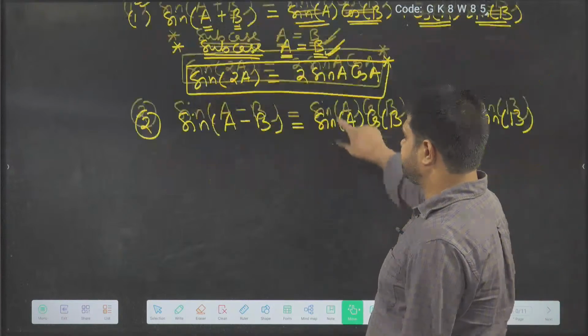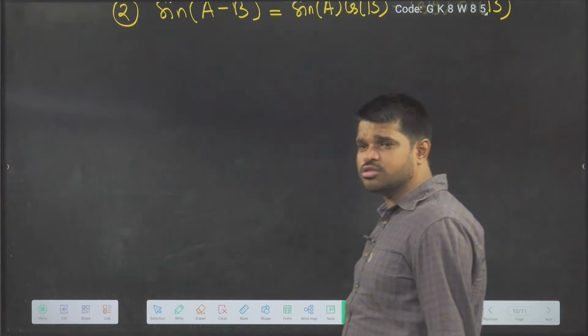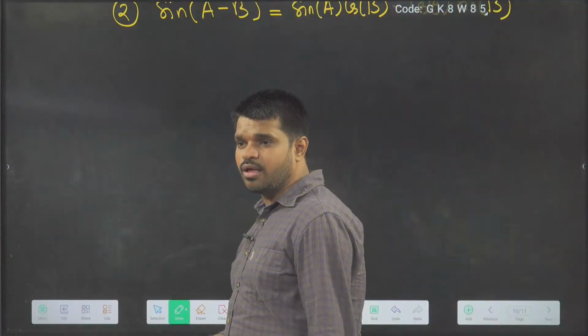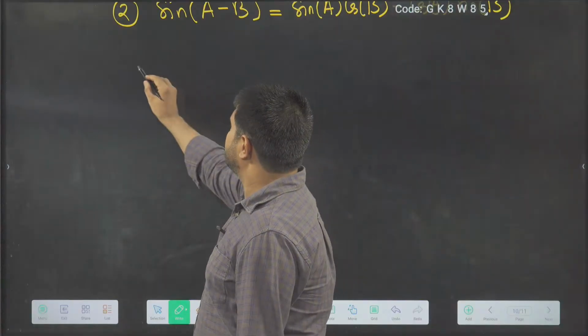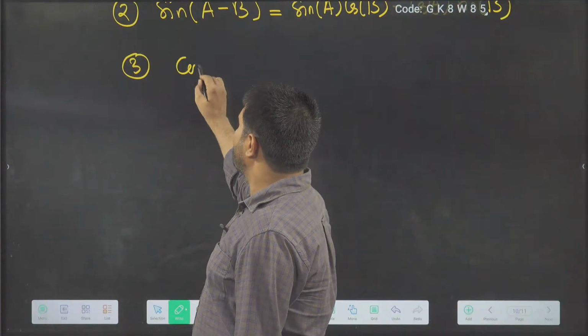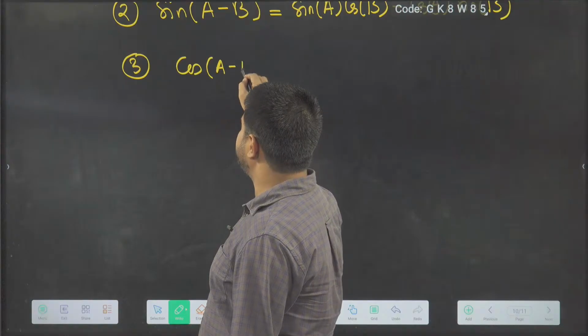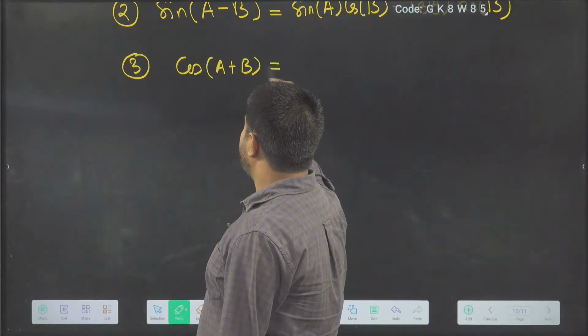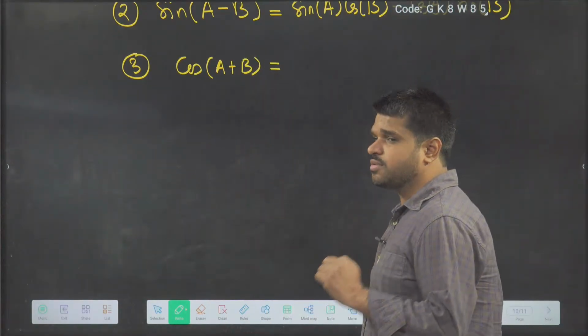Okay. Now we'll do the formula of cos. Which formula? Let's see. Third, cos A plus B. See the formula carefully first.